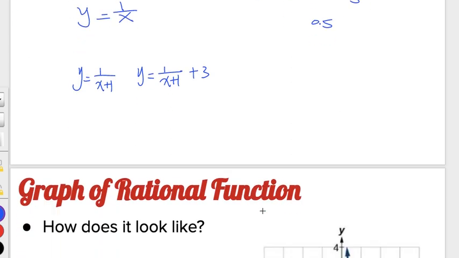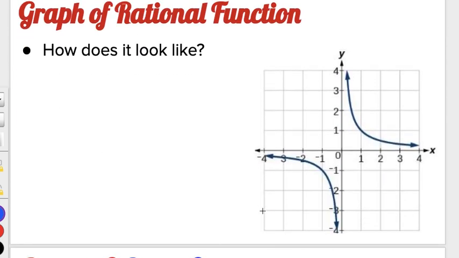So what does a rational function look like? This is actually the graph of y equals 1 over x. As you can see, this graph has two pieces, two curves, and both curves go in two directions forever. There's no stopping point or starting point like the radical equations we learned in the past.